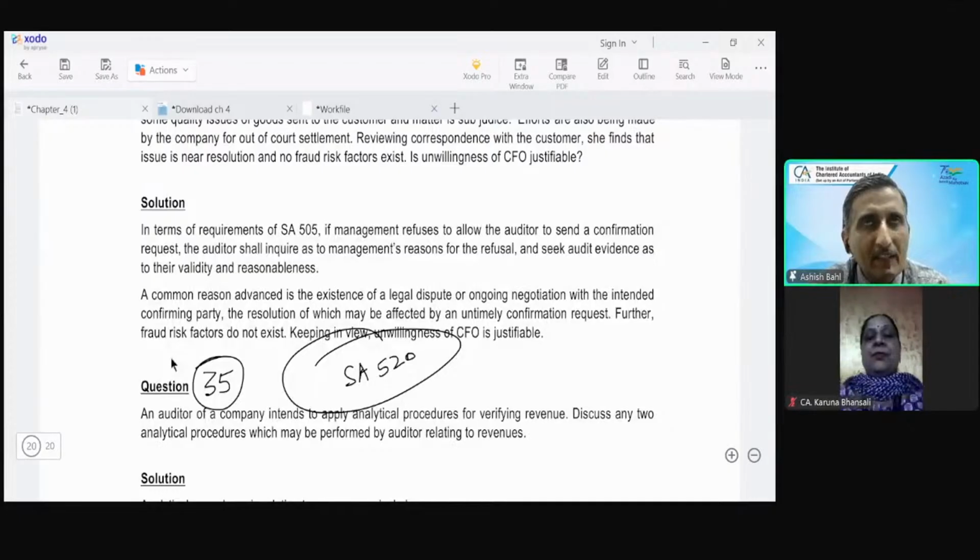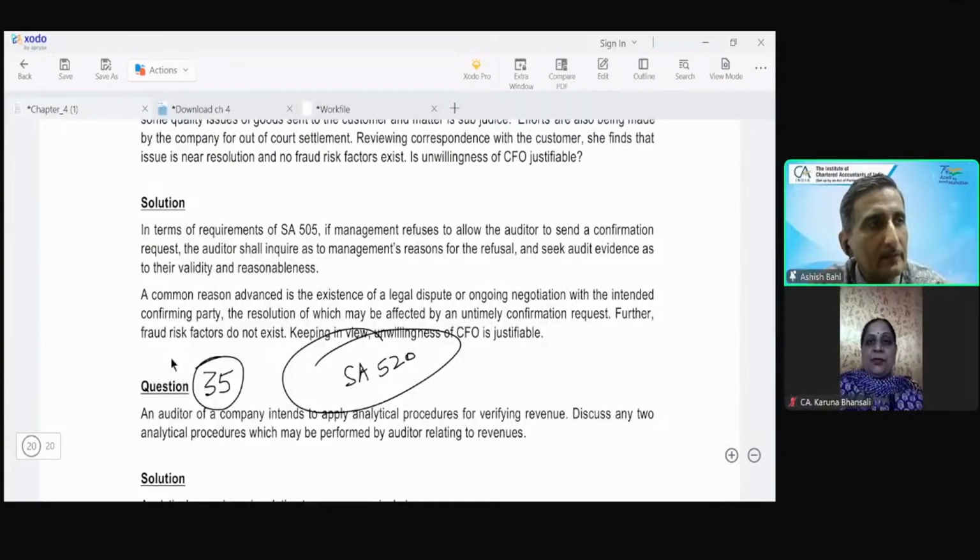The very first part from where SA 501 begins: responsibilities of auditor in attending physical inventory count. He has to attend physical inventory count unless impracticable. But what would he do at the physical inventory count?